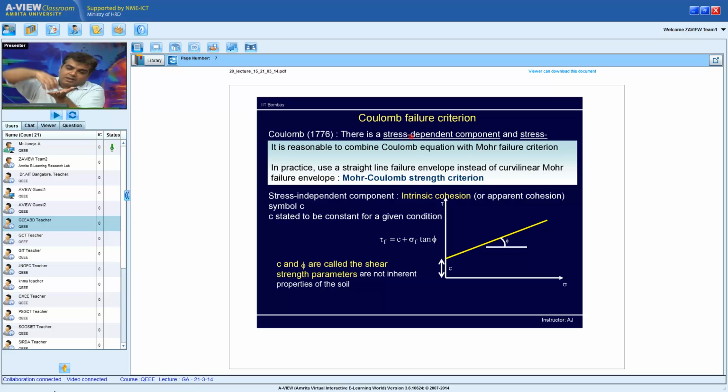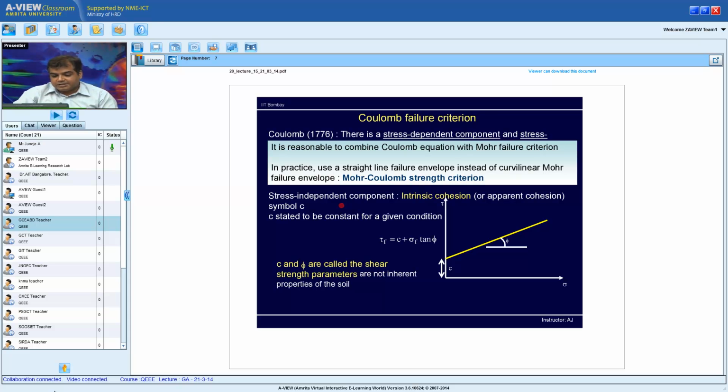In other words, if I apply additional load on the block, it will require a greater force to slide. This is something we all have studied in elementary physics. So the shear stress which is required depends on the stress. This is the stress dependent component.